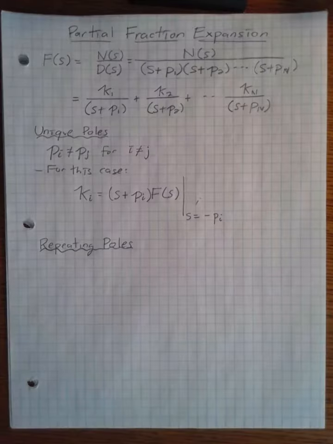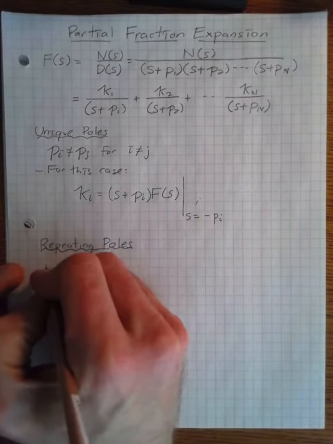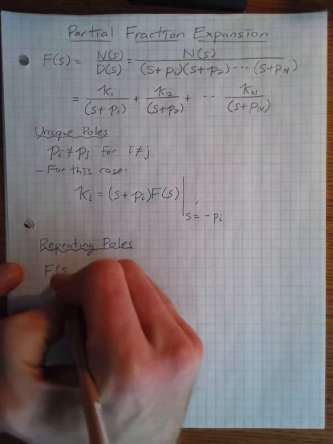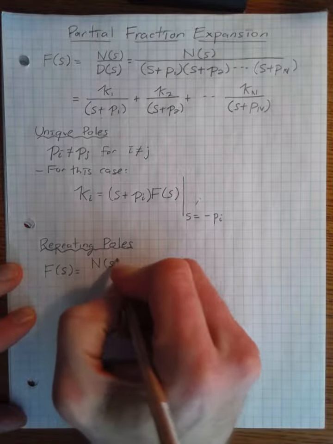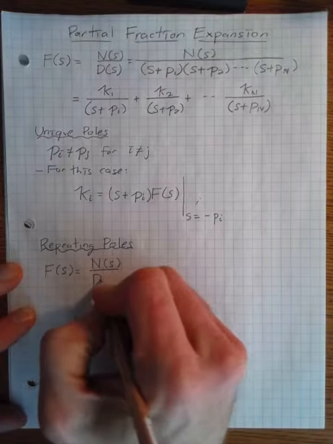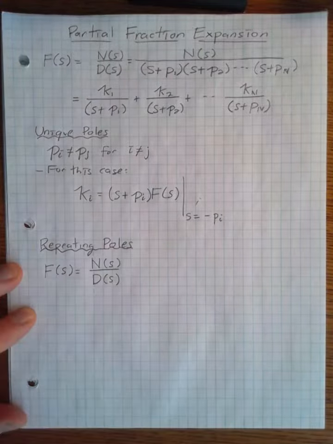Okay, the next case I want to talk about is when we have all of our poles the same. And the way we write that equation, again, we have a numerator that's potentially some function of s. We have a denominator, also some function of s.